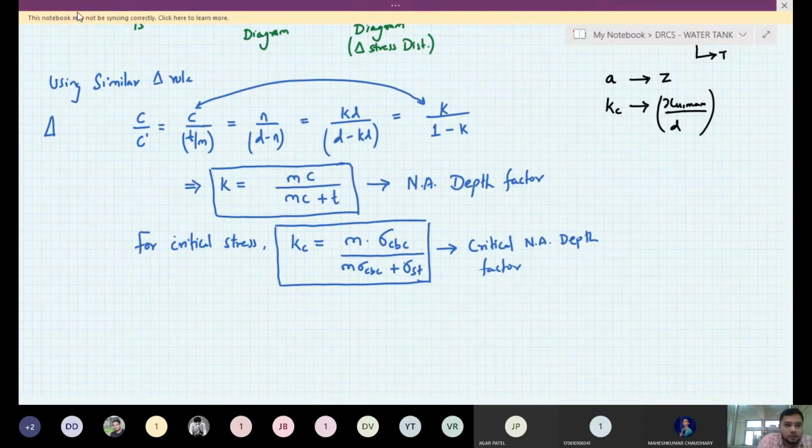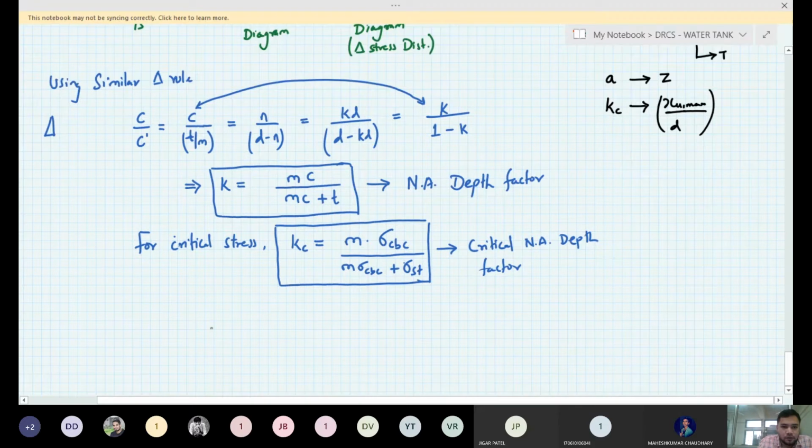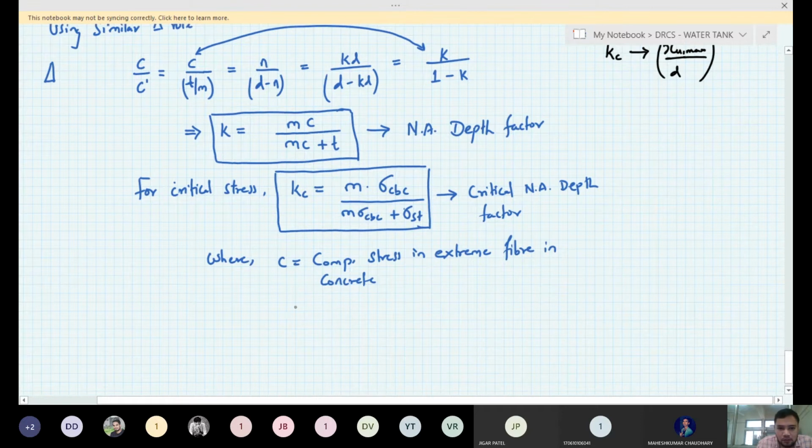See here, C is the compressive stress in concrete in the extreme fiber. T is the tensile stress in steel.